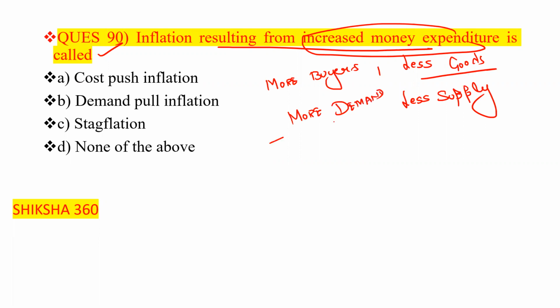In simple language, there is more demand and less supply.